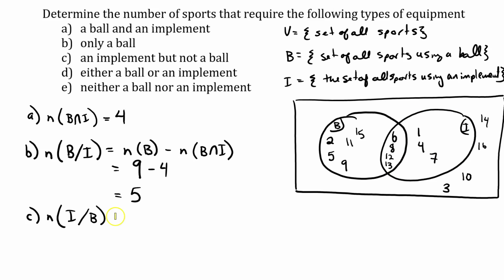So the way that we would do that is the number in I minus the intersection of B intersect I. The total number in I is 1, 2, 3, 4, 5, 6, 7. So 7 minus 4 is 3. And we can see that from our diagram here, 1, 2, 3. We can always use the diagram to check our work.